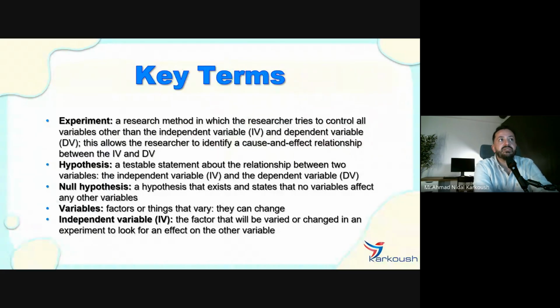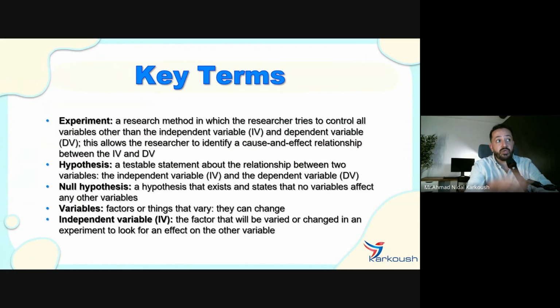An experiment is a research method in which the researcher tries to control all the different variables other than the independent variable, or as we say, the IV, and the dependent variable, the DV. Now, what is meant by independent and dependent?